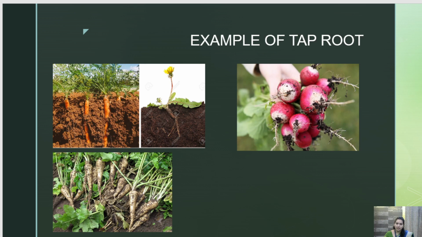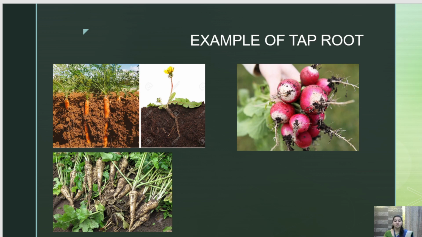All these things are grown beneath the soil, and they have a main root and there are several branches. Getting it? So this is an example of taproot.